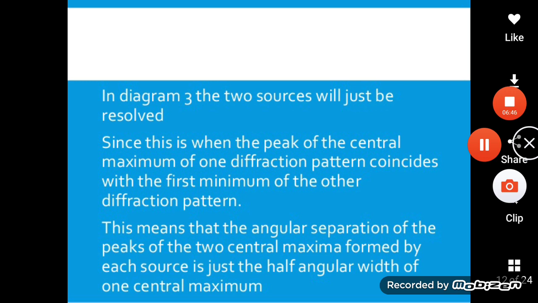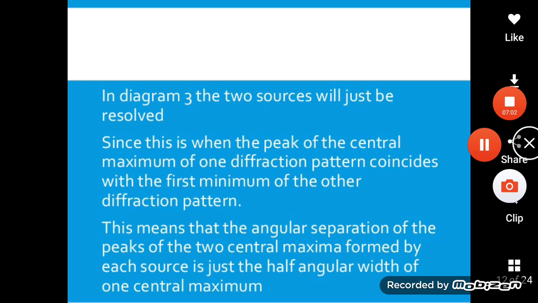This means that the angular separation of the peaks of the two central maxima formed by each source is just the half angular width of one central maxima.